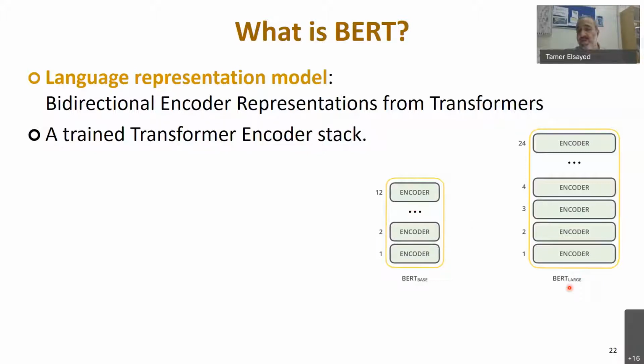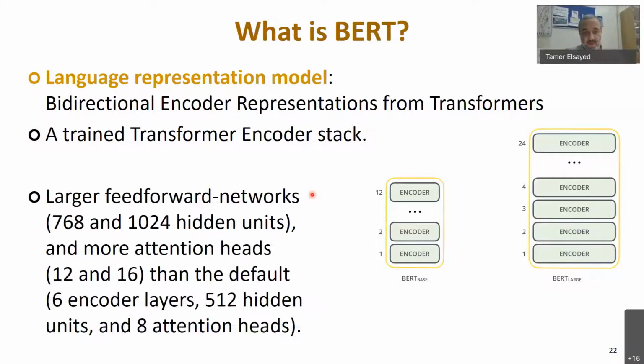And BERT large has 24 encoder layers, with of course different parameters, with different sizes. I mean, the size of the embeddings that we get out of each model here is different. It is larger a bit than the transformer.